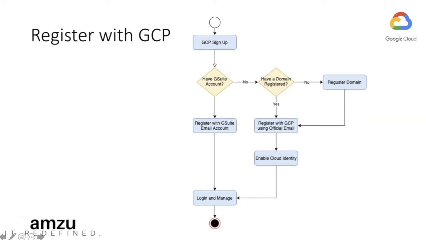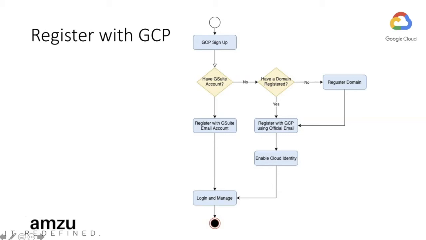This is the process for registration. So you are a startup or an established enterprise, and you want to sign up for GCP. What do you do? If you are a startup, you would have registered your domain somewhere. Or if you haven't, you can create a new domain, maybe using Google's domain service or any other domain service.